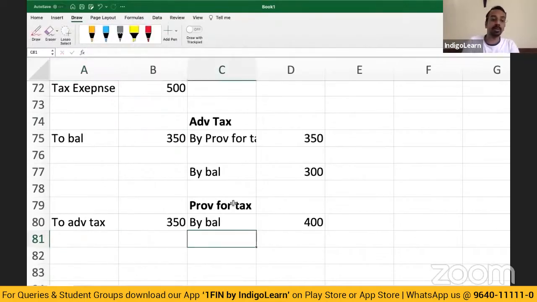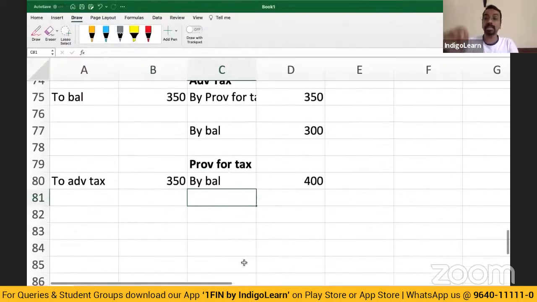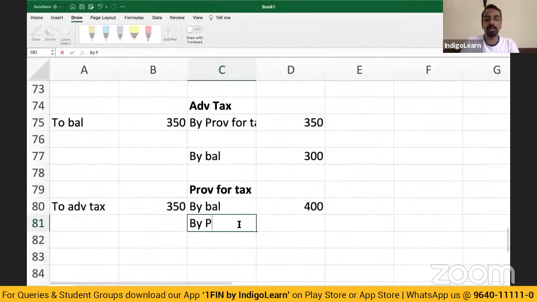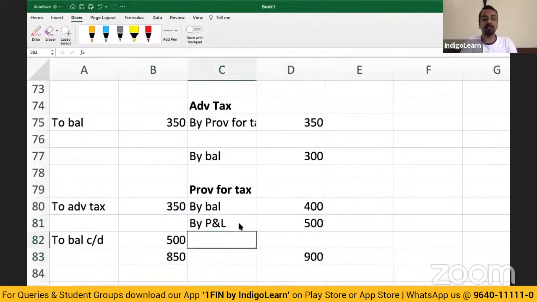Then in the current period, you have a tax expense of 500. Provision for tax, current figure, is 500. So by P&L, 500, and the closing balance is also 500. Correct? So if you total this up, 850 here and 900 here, 50 has to be paid.